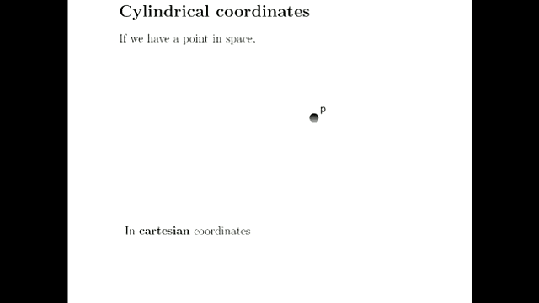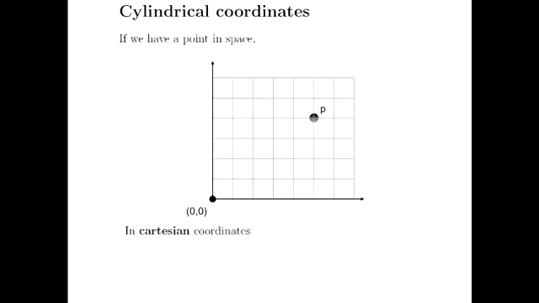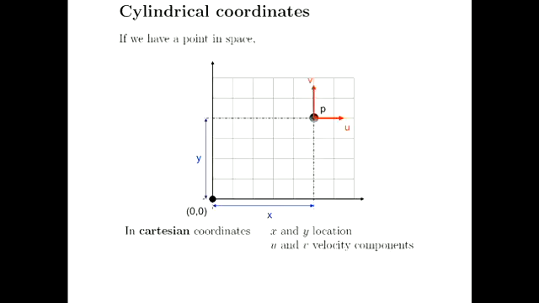So in Cartesian coordinates, we just define a point in space P in terms of its x and y position from the origin. So I can define location in terms of that x and y coordinate pair. And then, as we've been discussing so far, there's an associated velocity component with that Cartesian coordinate system.